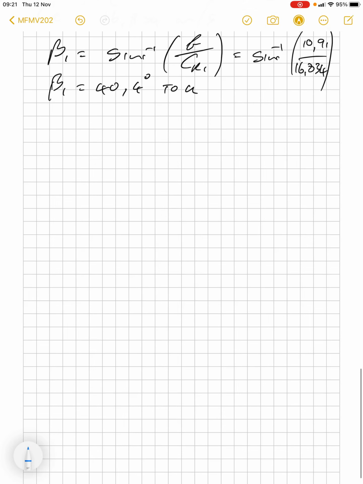So the third question, magnitude and direction of the absolute exit velocity C2 from the runner.